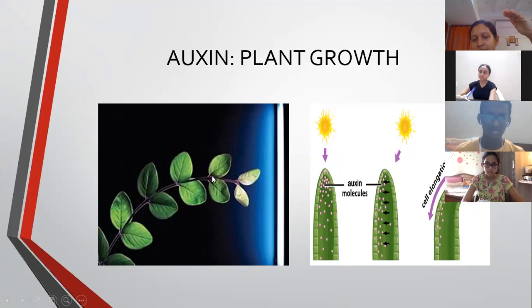Now, if I bend my hand like this, my curvature on the lower side is less, whereas my curvature on the upper side is more. That means more number of cells are required on this side of the shoot than the other side.